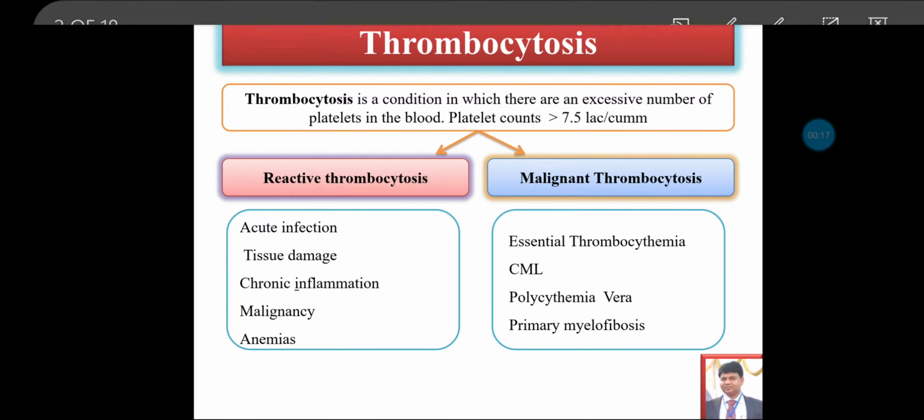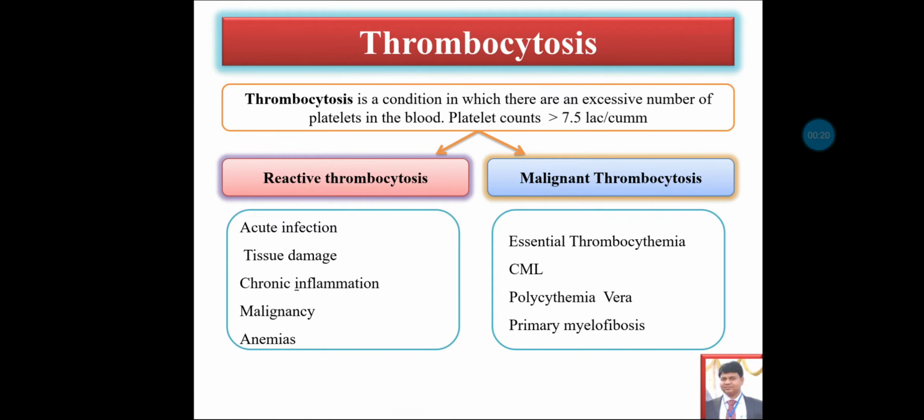Before discussing this, we will start with thrombocytosis. It is a hematological condition in which there is an excess number of platelets in the blood, and usually the platelet count is more than 7.5 lakhs per cubic mm. This can be divided into reactive thrombocytosis and malignant thrombocytosis. Reactive thrombocytosis is caused by acute infections, tissue damage, chronic inflammation, malignancy, and certain types of anemias.